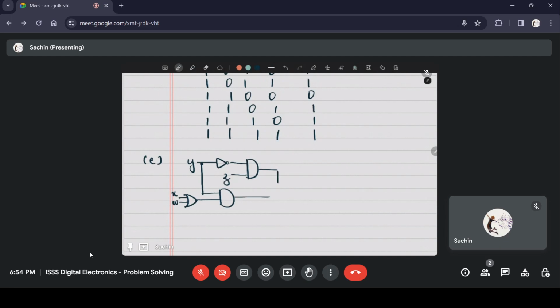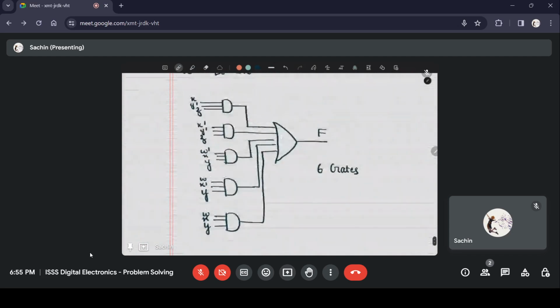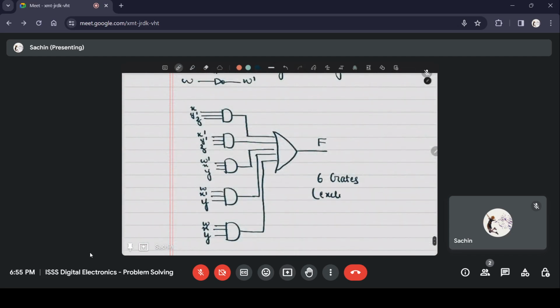These two terms are all together. So you needed, other than the NOT gate, 1 2 3 4, 4 gates excluding NOT. Here you had 6 gates excluding NOT.